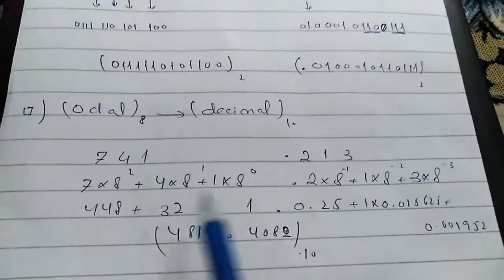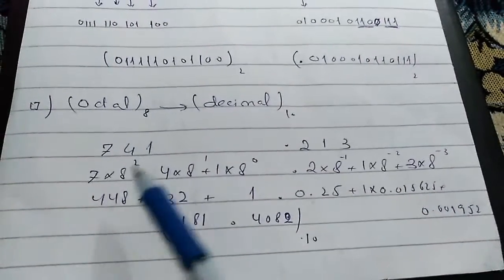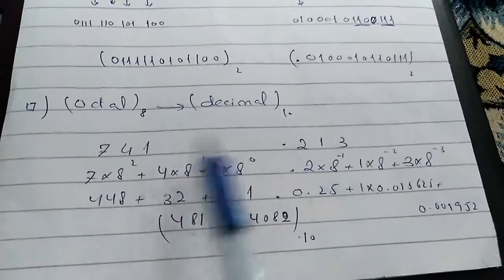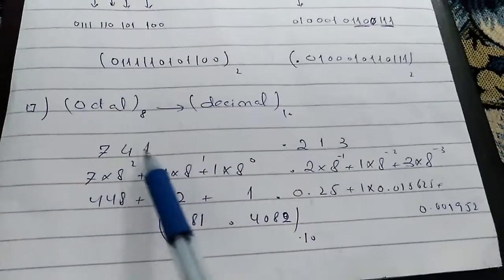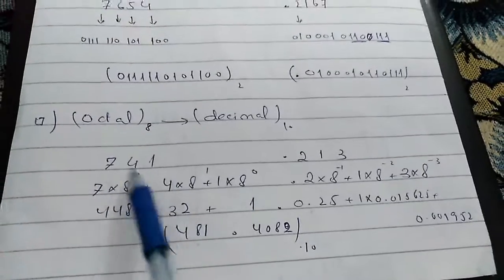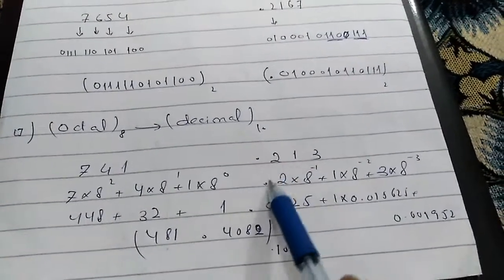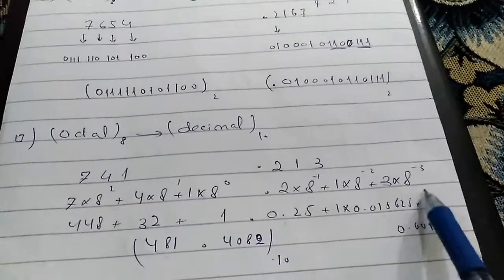This conversion is solved like this: before the decimal point it will be 8 power 0, 8 power 1, 8 power 2, multiplied by each of these values, and after the decimal point it will be 8 power minus 1, like this.